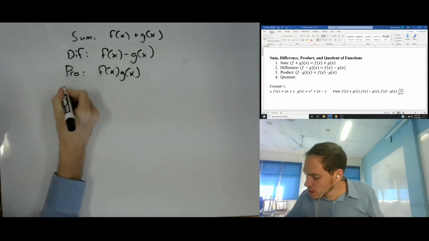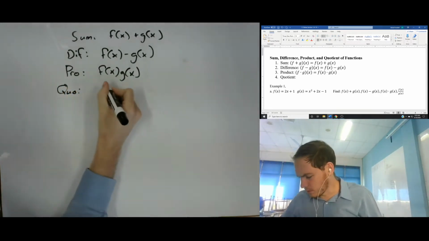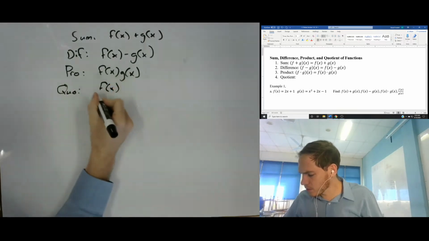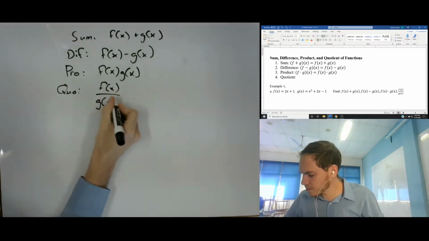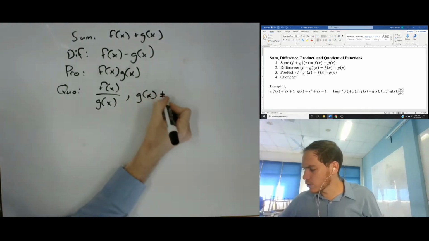The quotient is easy. This is going to be f of x over g of x, where g of x does not equal 0.